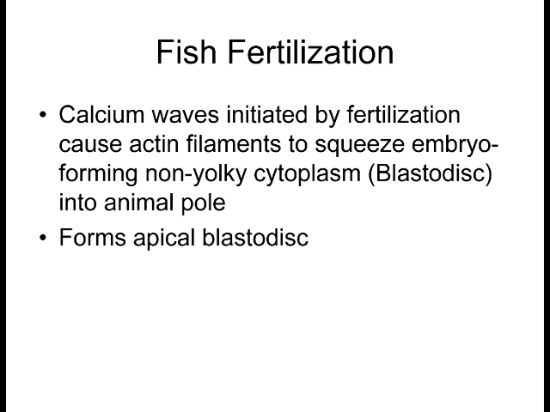So these calcium waves are part of not only to prevent polyspermy, but they're also meant to initiate various processes within the cytoplasm. One of the processes that's important for fish is that the cytoskeleton will actually squeeze part of the non-yolky area and create this little bubble, which we call blastodisc, on the animal pole. So this apical blastodisc is where cleavage is going to occur.